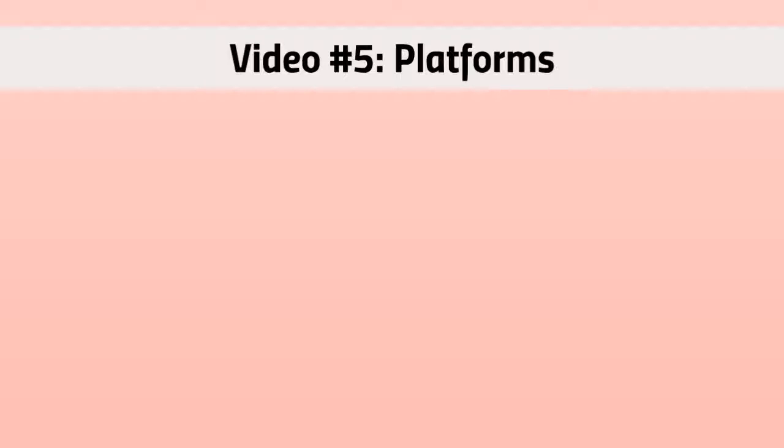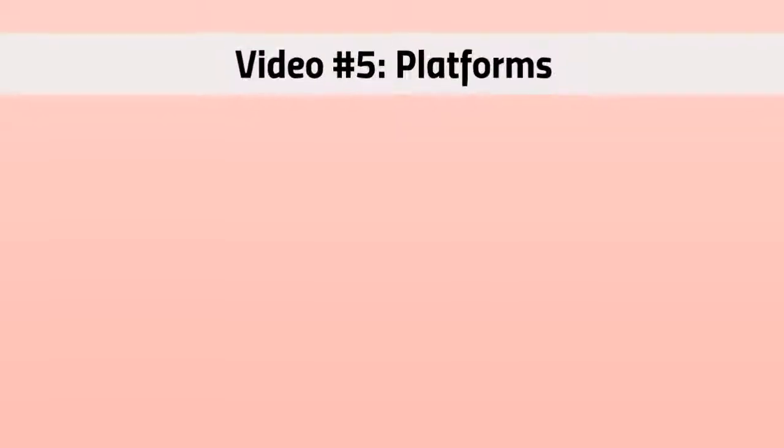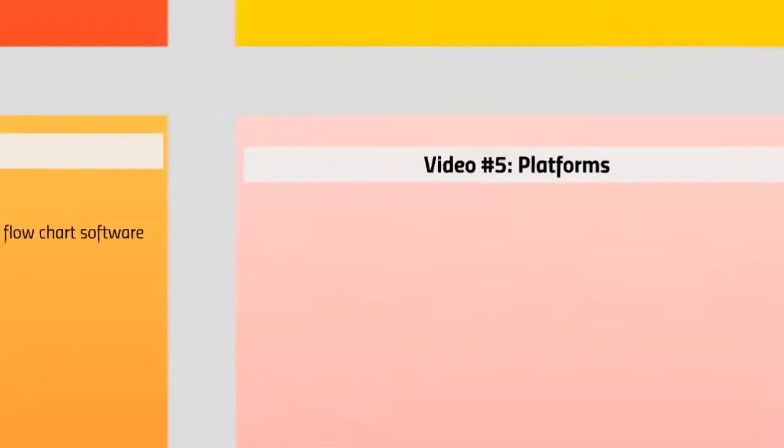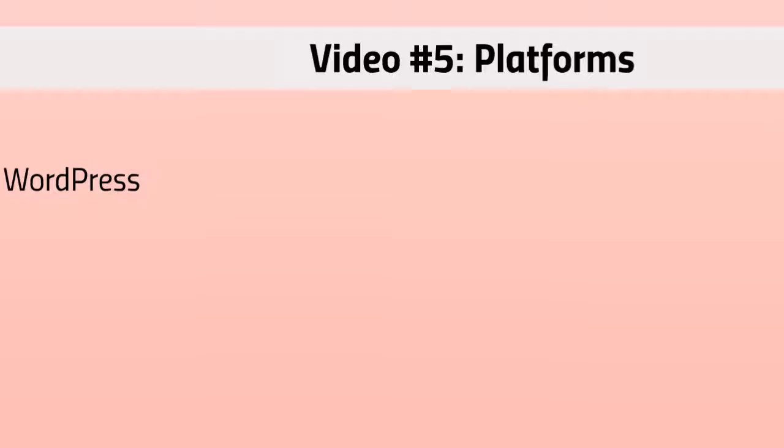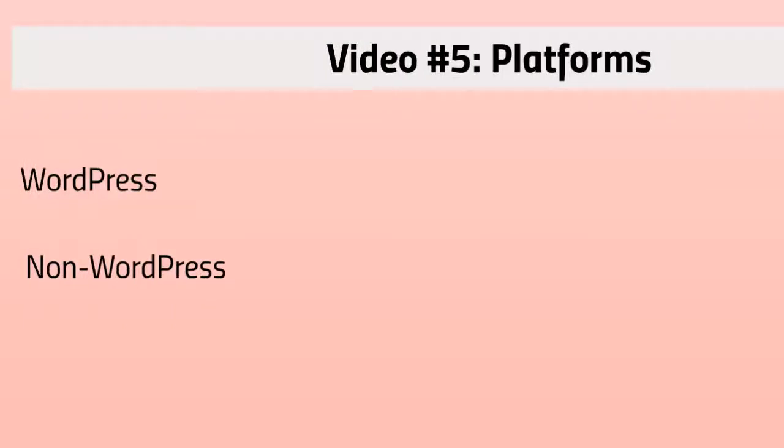If you think about a lot of the membership scripts nowadays, they actually have WordPress plugins or even non-WordPress plugins. So you really have to think about what is your main site going to be using. So I would say probably the majority of you are going to stick with WordPress just because the majority of themes out there are basically made for WordPress.